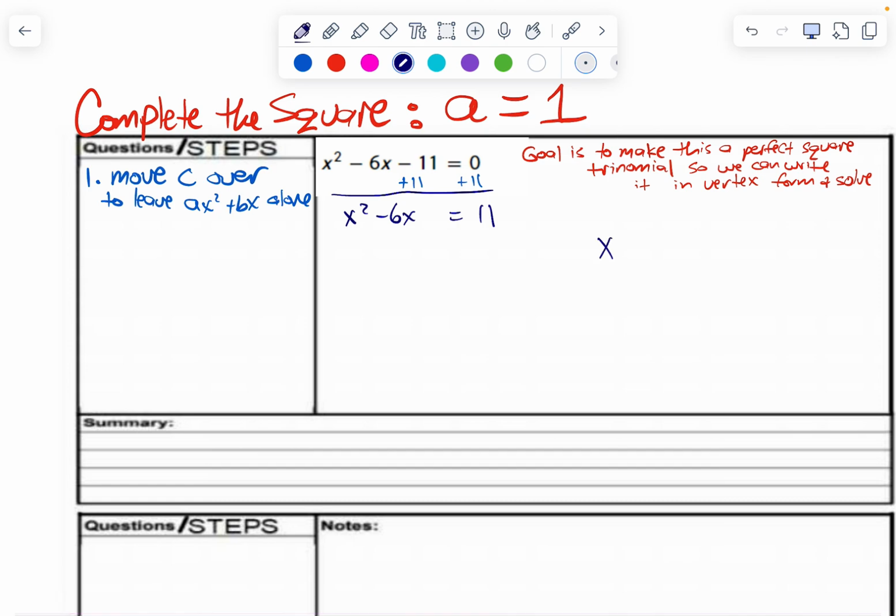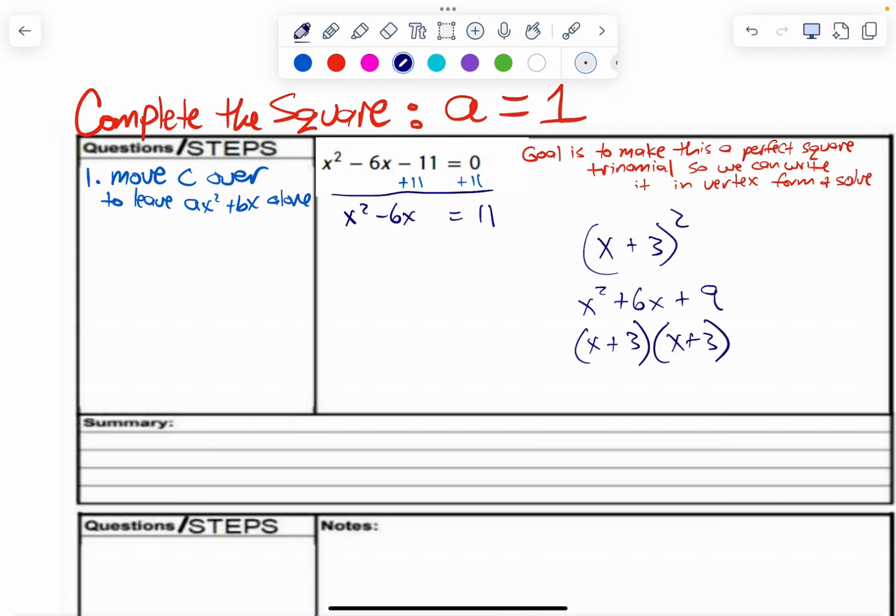let me just show you an example of one. Okay, so if I multiply it out, I get x squared plus 6x plus 9. And you could think of it as being able to factor it into two identical factors. So this thing is called a perfect square trinomial.